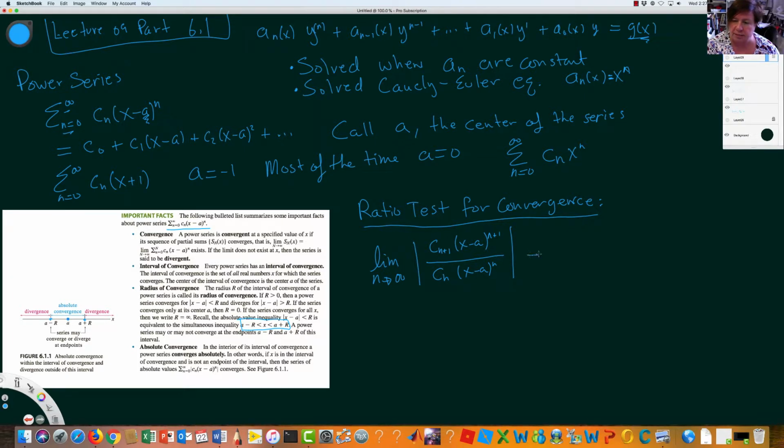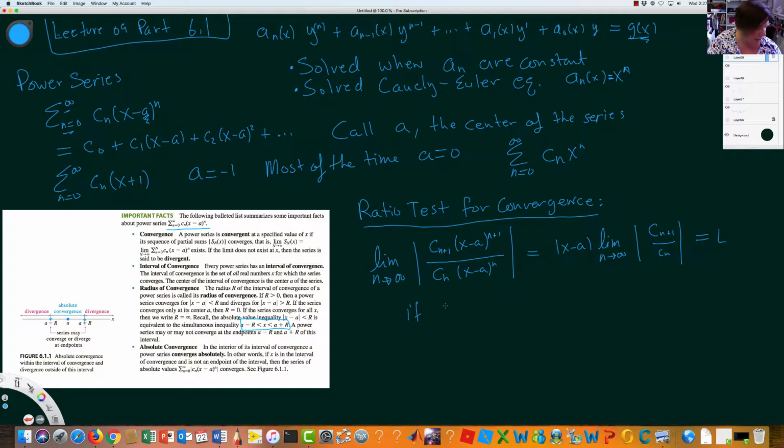So this we can rewrite. Actually, it's a little nicer. We have absolute value of x minus a, right, because look at this. It's going to cancel one of the x minus a factors, and you're just going to have x minus a. So we'll pull the absolute value out because it doesn't have any n in it, right? And then we have the limit as n goes to infinity of the absolute value of C n plus 1 over C n. And we call that L, right?